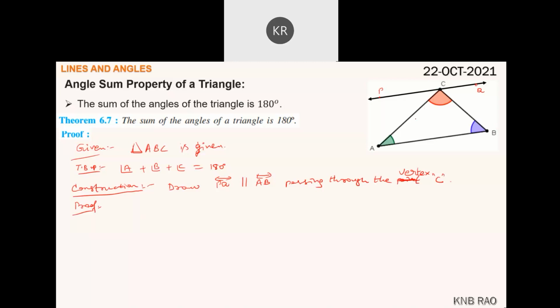If AC becomes a transversal, then what is the use? Sir, angle PCA is equal to angle CAB. Very good. Angle PCA equals angle CAB. Reason: why and how? Alternate interior angles.